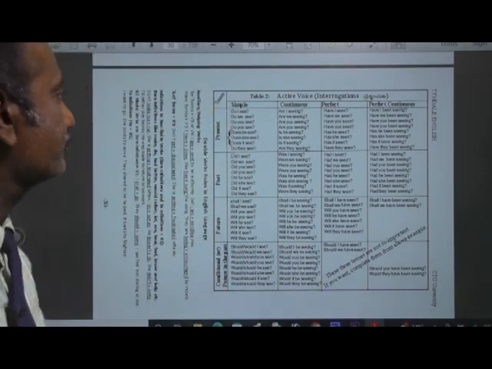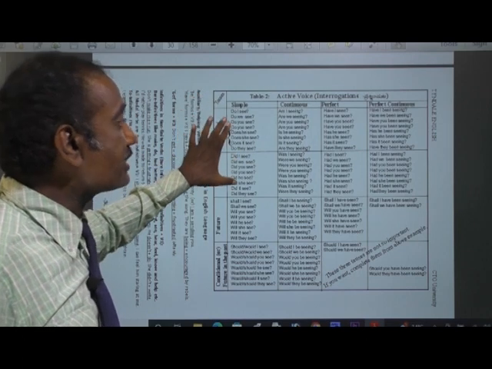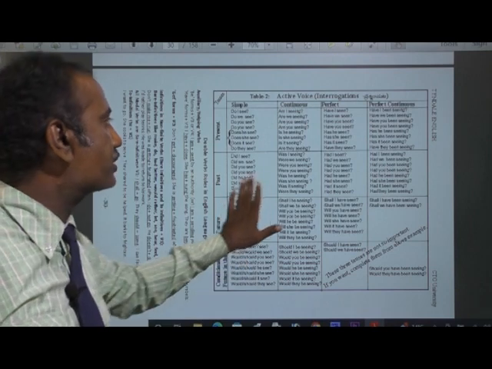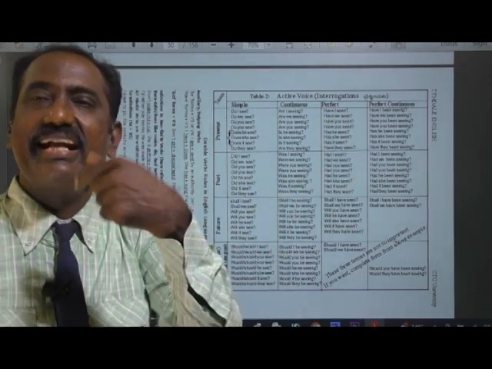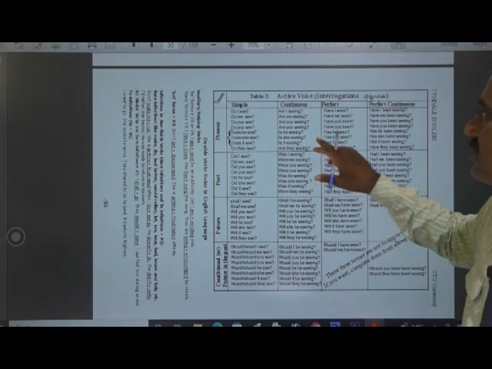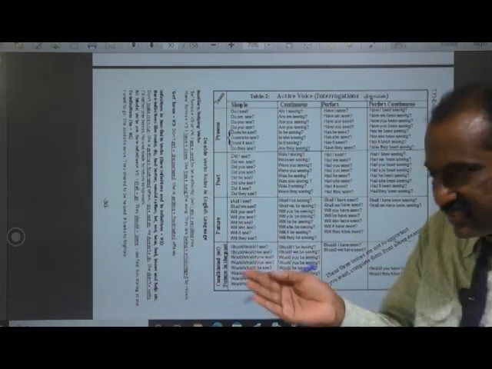Extra words are added only in present simple and past simple. Do I see? Did I see? The remaining are self-framed questions. You need not add another word to change them into interrogative sentences. Suppose I am seeing is changed into interrogative: Am I seeing? Just the order of words changes.